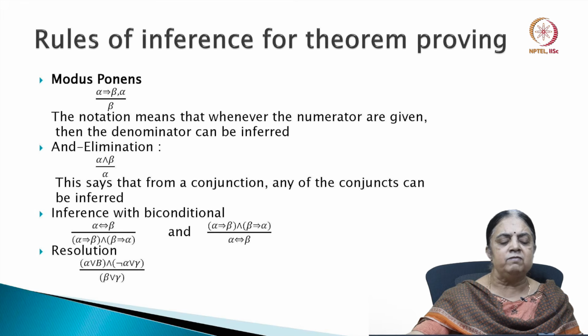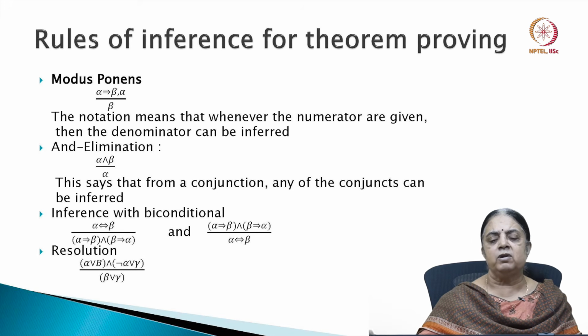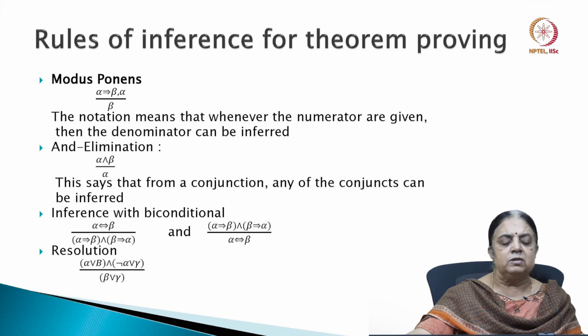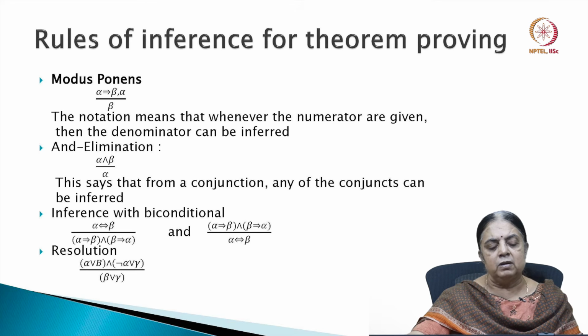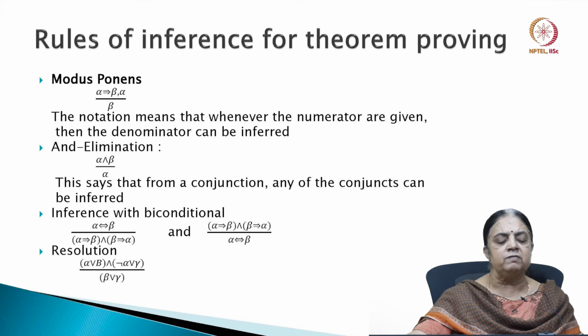And finally you have the resolution. This is a very important rule of inference which is used when you are trying to do theorem proving. Suppose you have alpha or beta, and not alpha or gamma. If you have two sentences like this, where you have alpha in one and not alpha in the other, you can combine them to get a new sentence.